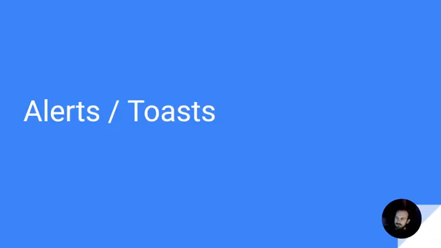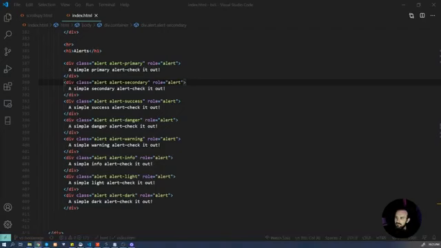Another very interesting and very useful components are alerts and toast, and don't get confused by these names, because they are kind of misleading. So let's have a look what we are talking about. So as I mentioned, Bootstrap offers you two different components.